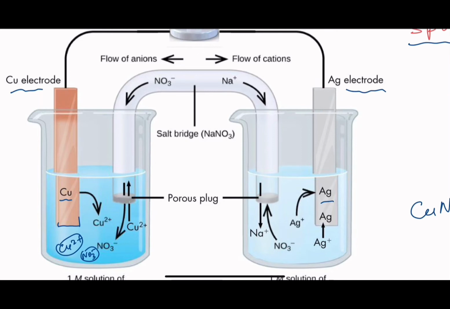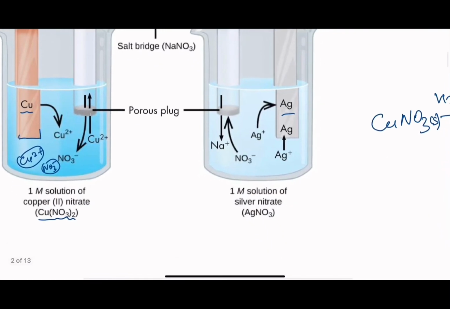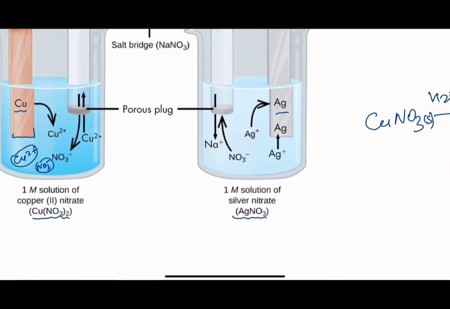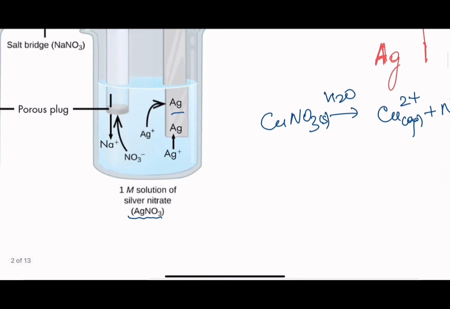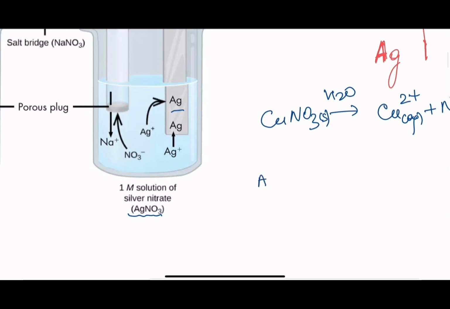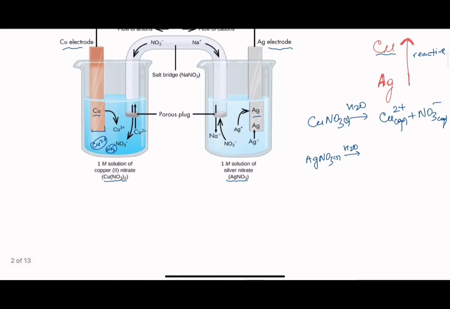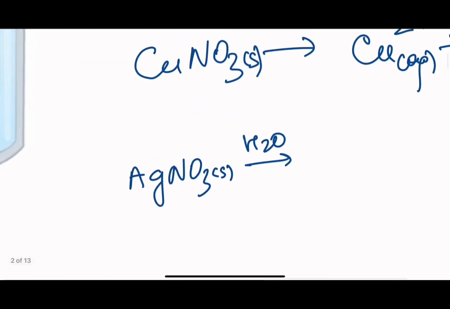Okay, and then on this side I had another solution of silver nitrate. This is a little lighter blue, and silver nitrate is another salt. If we dissolve it inside the water, which they did in this picture, you will get two ions, Ag+1 and NO3-1.